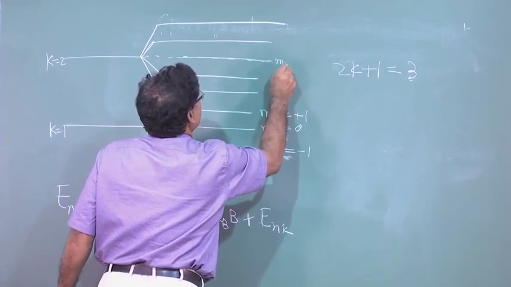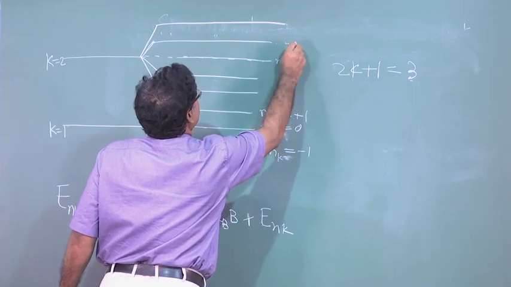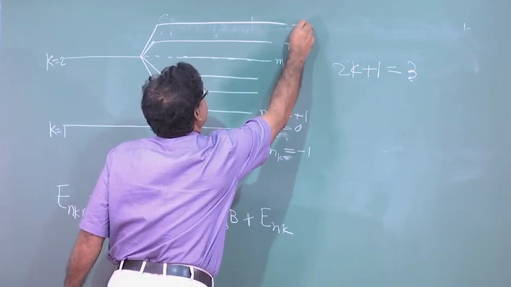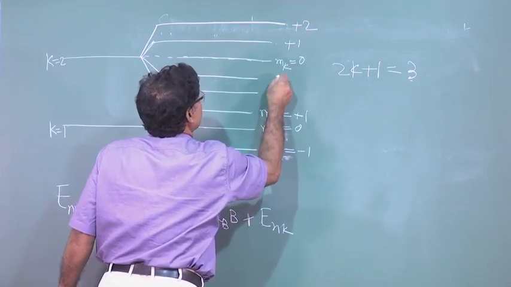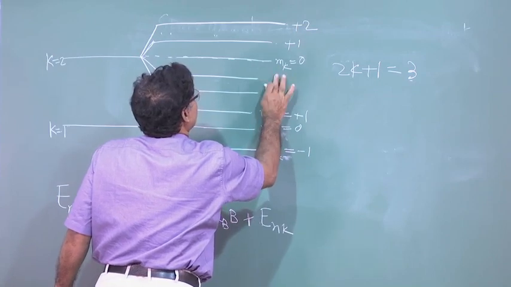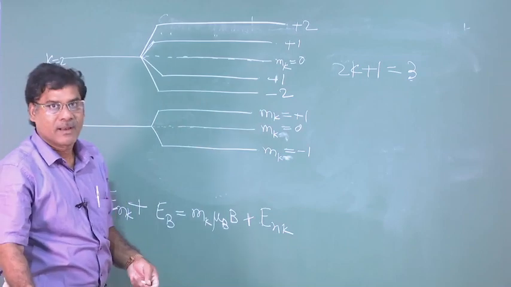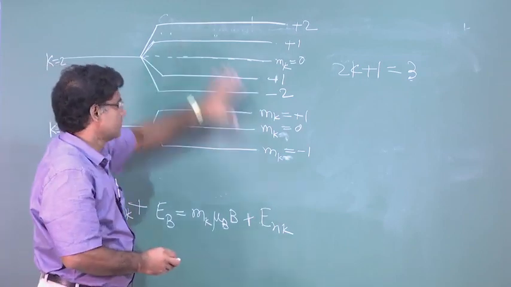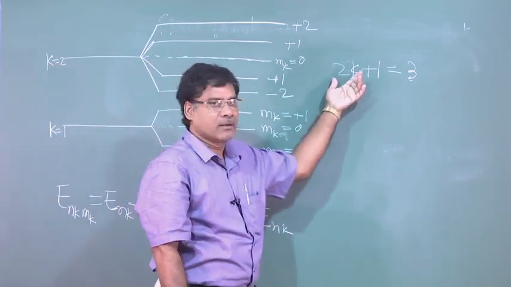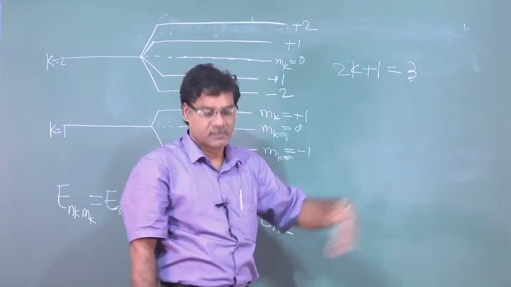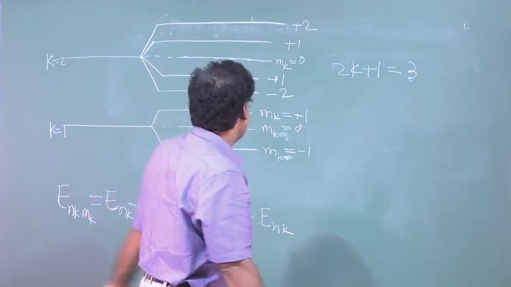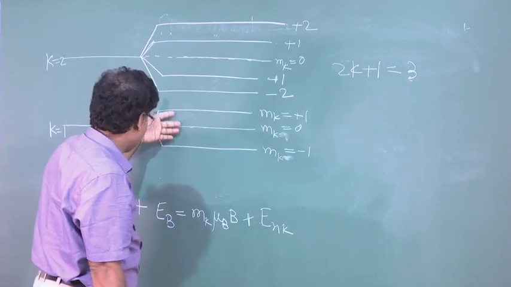The m k values are 0, plus 1, plus 2, minus 1, minus 2. So the energy levels are split depending on the k value, 2k plus 1 in number, and one can find out what the energies will be.